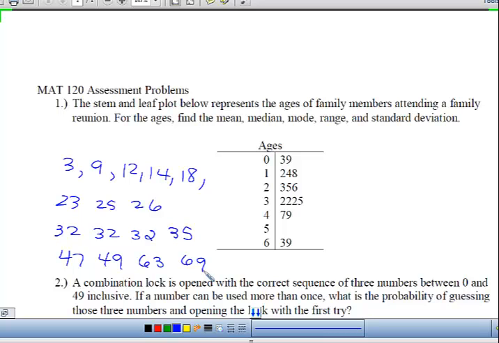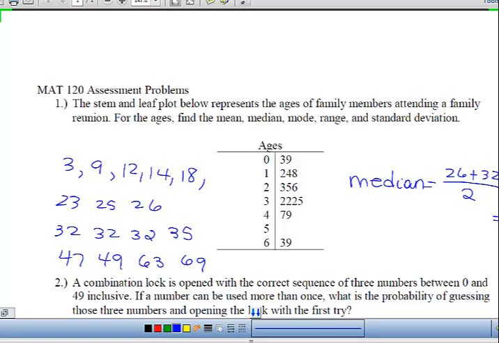So the mean of 26 and 32 is what? Is it 29? You sure? Yes, okay, 29. All right, very good. The median would be 29. So we have half of the people who are less than 29 and half who are older.